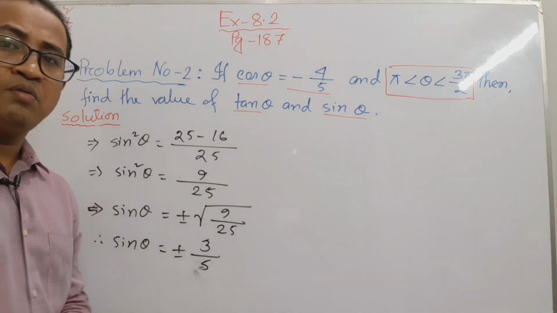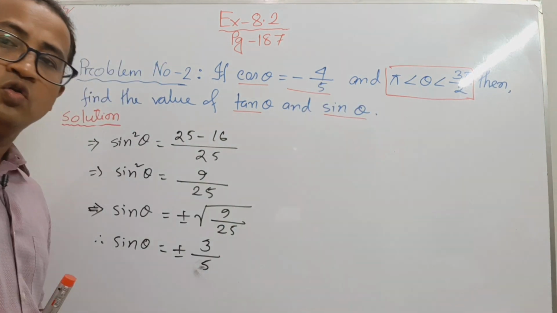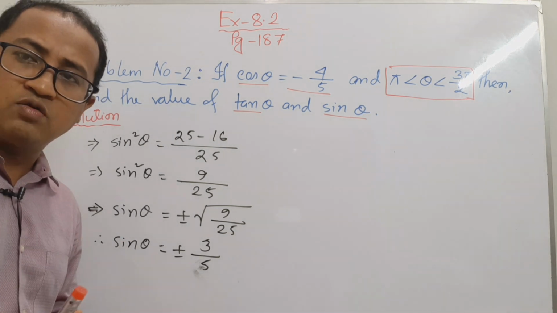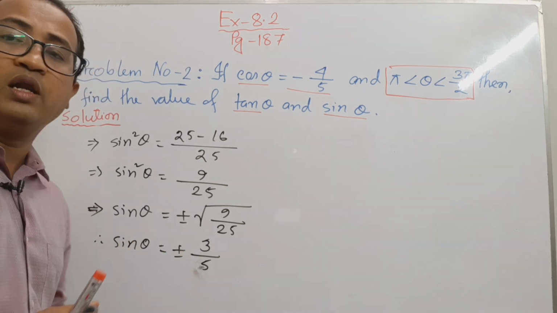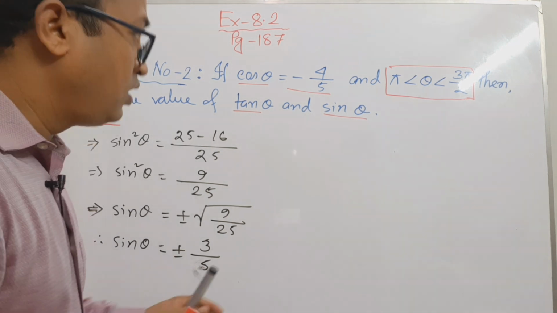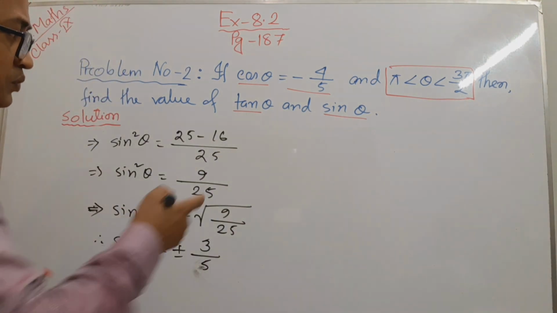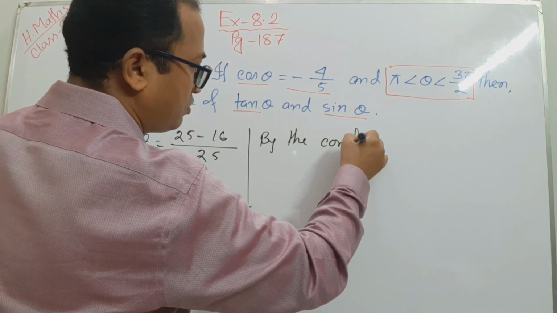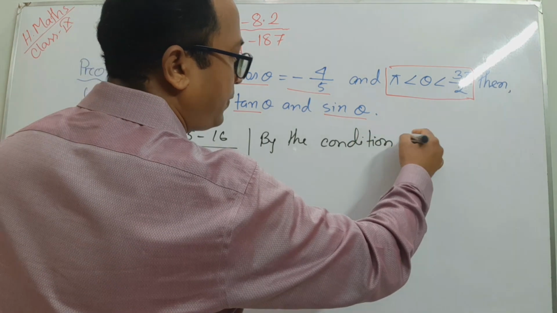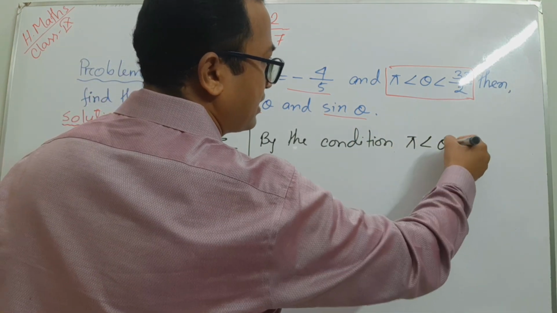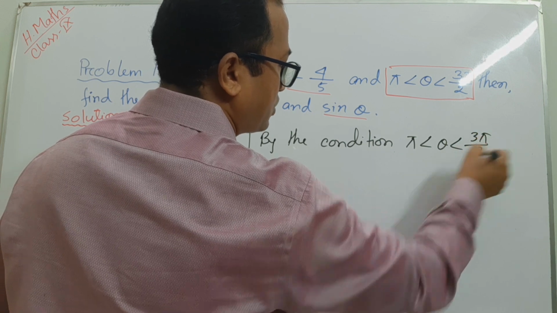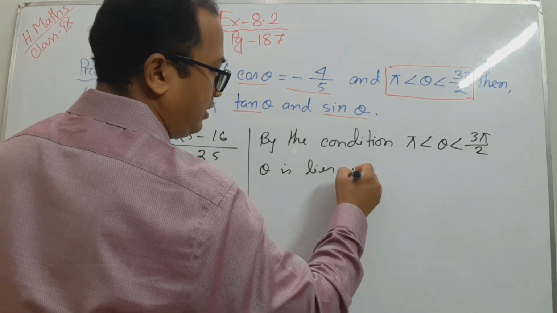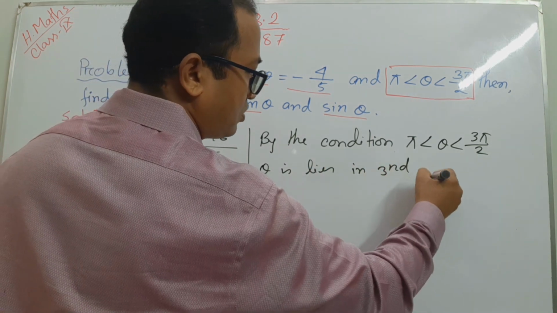But by following this condition, whether it is positive or negative or both, we will determine now. Look, by the condition π less than theta less than 3π by 2, theta lies in third quadrant.